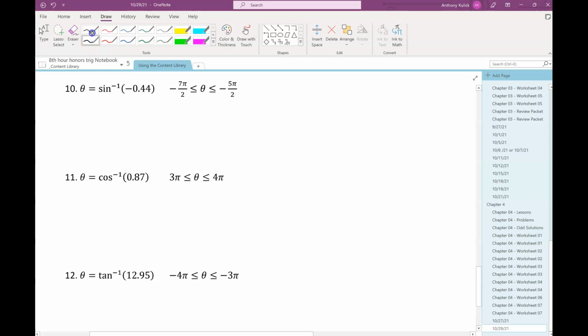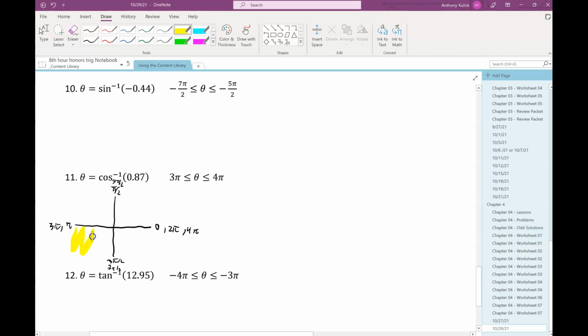So I'm going to start by figuring out what two quadrants theta can lie in by figuring out where 3 pi to 4 pi is. So 0, pi over 2, pi, 3 pi over 2, 2 pi, 5 pi over 2, 3 pi, 7 pi over 2, and then 4 pi.